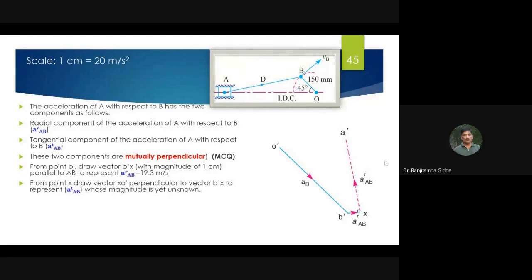Then what will be the next step? Now we need to draw one vector. This point A, that means this slider, is going to reciprocate along this line. So we need to show its acceleration in the acceleration diagram.